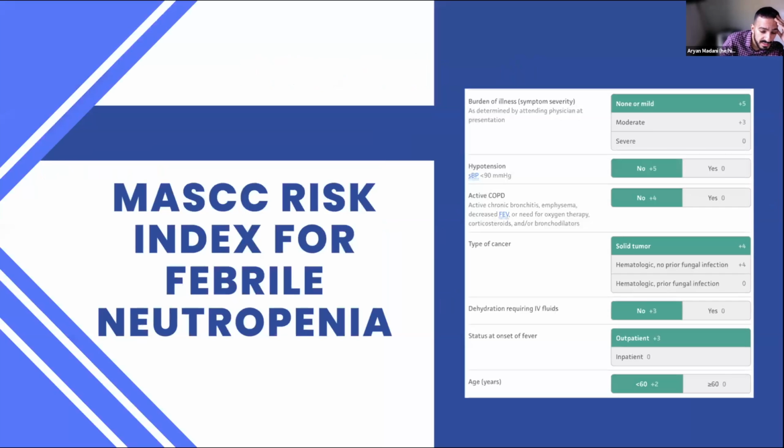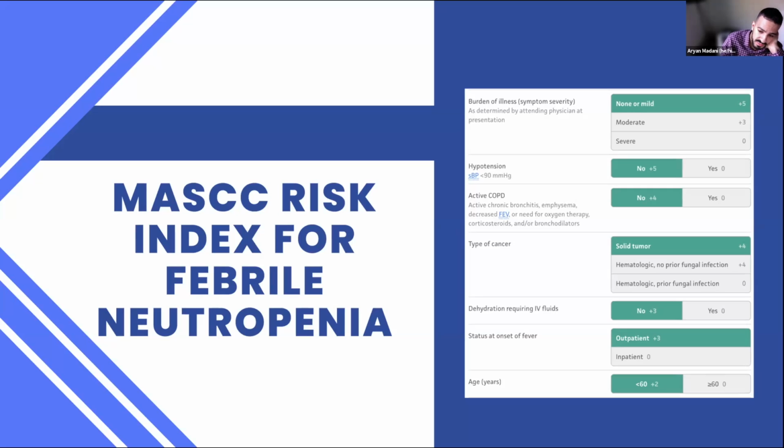I looked at ways that we can stratify these patients in the ED, and looked at the MASCC risk index for febrile neutropenia. This is a tool that's available in MDCalc and essentially goes through different risk factors and aims to create a score that identifies patients at low risk for poor outcomes with febrile neutropenia. And it goes into factors such as burden of illness, which is actually a subjective measure that is determined by the physician, hypotension, with a blood pressure less than 90, active COPD, or chronic bronchitis, emphysema, types of cancer.